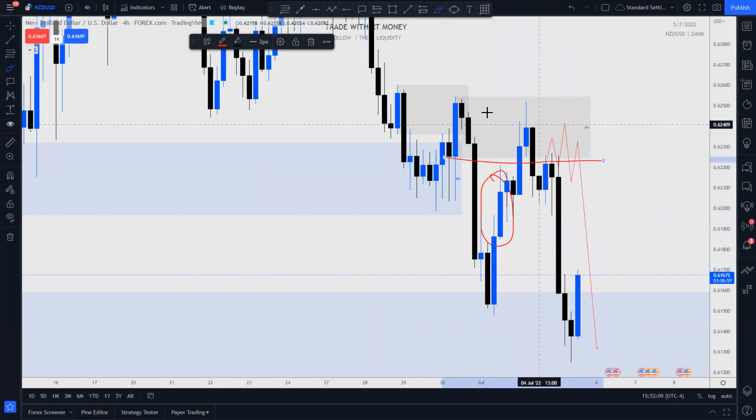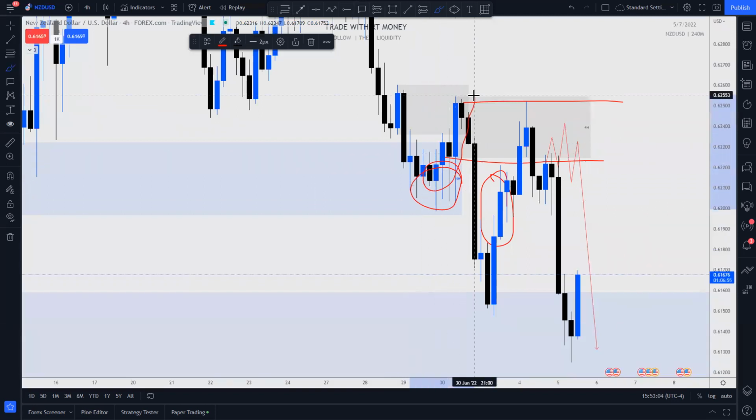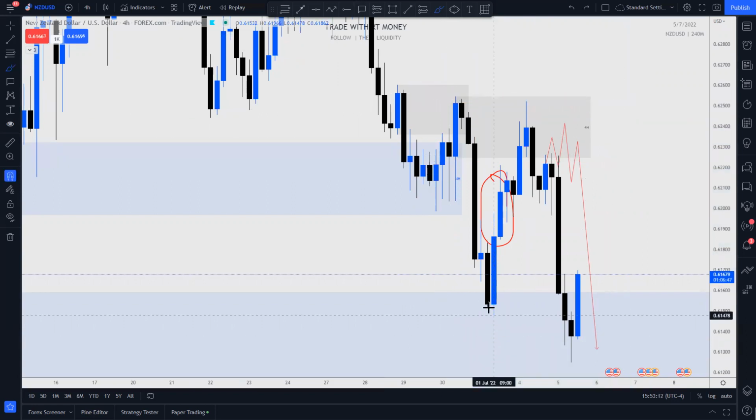I chose this as my POI because this is the reaction from the zone before it breaks. So this is the last supply that was there before price broke this demand zone, and that's the one I want to trade off of, and it came up close.